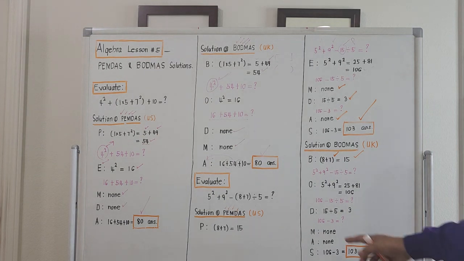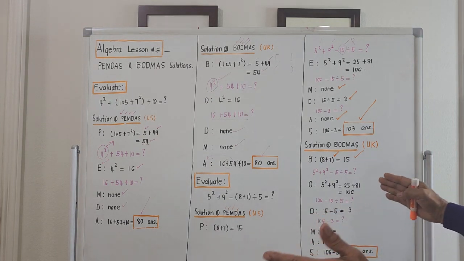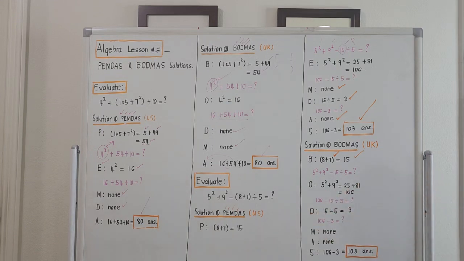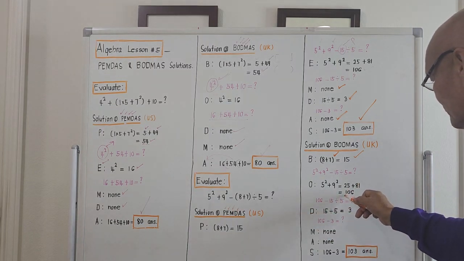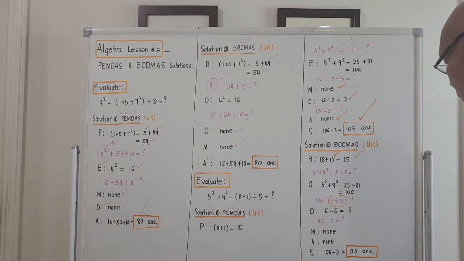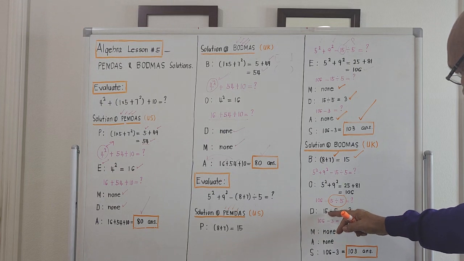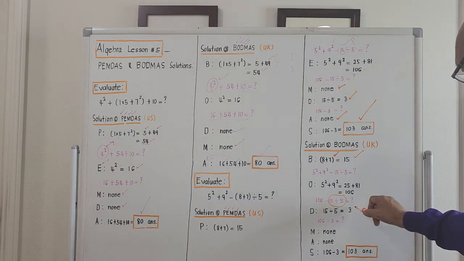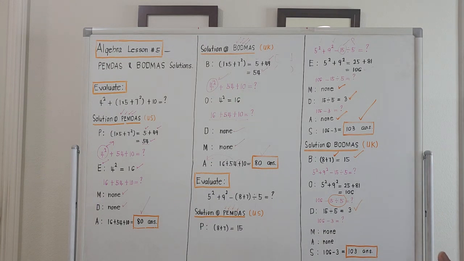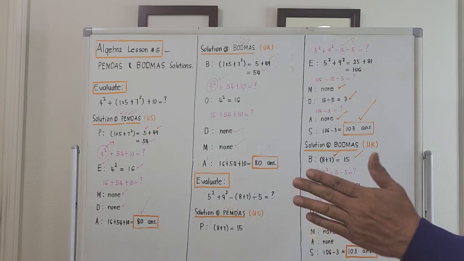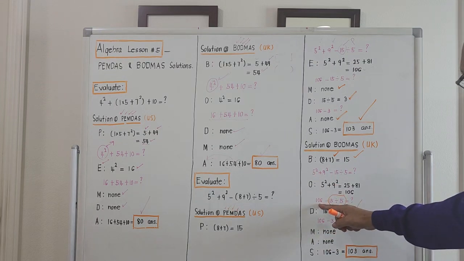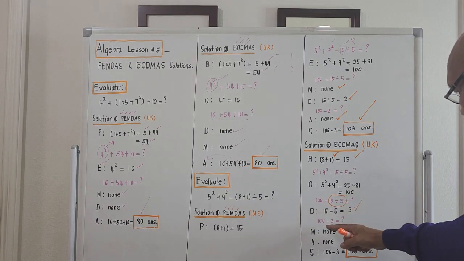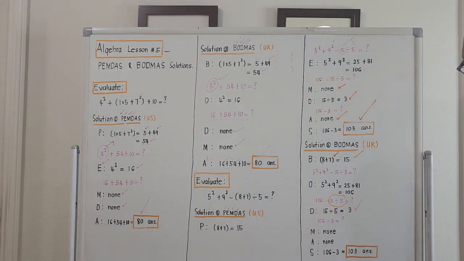What's next? Letter D, division. Are there terms needed to be divided? There is. It is this portion here. Okay, so if we operate that one under division, it will be 15 divided by 5, and it will be 3. Then I will rewrite again the original mathematical expression, which is now being compressed. It will be 106 minus the ratio of this. It is 106 minus 3, and what will be equal to?